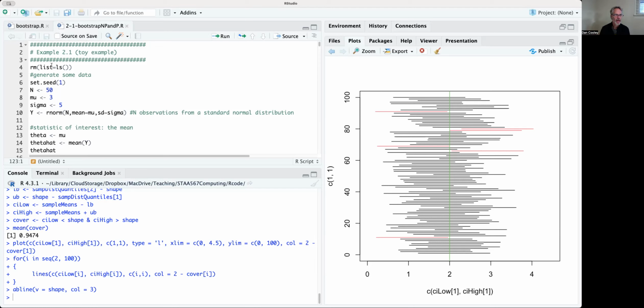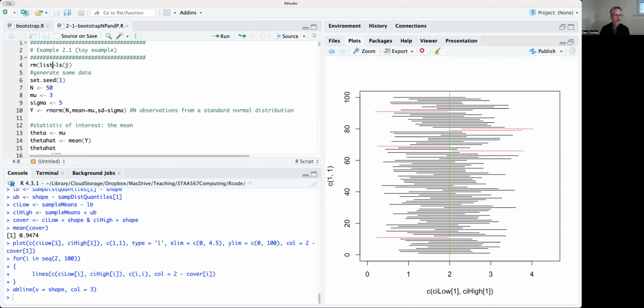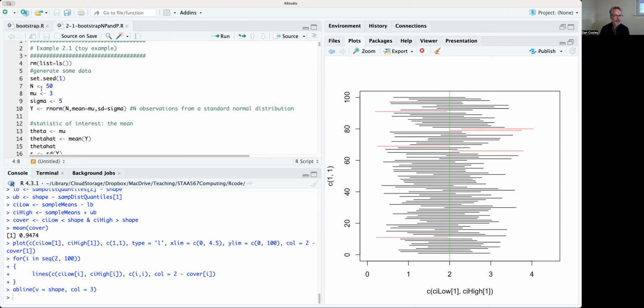So if you look at this script, you'll see that we're going to have a sample size of 50, a mean of 3, and a standard deviation of 5.